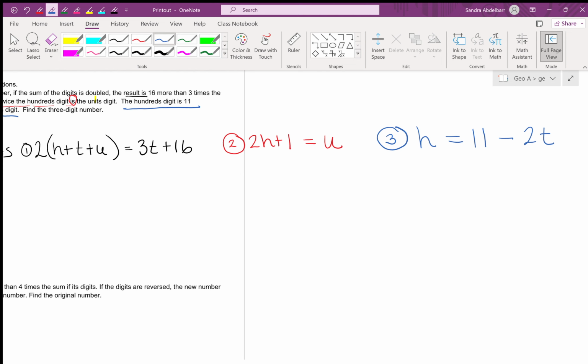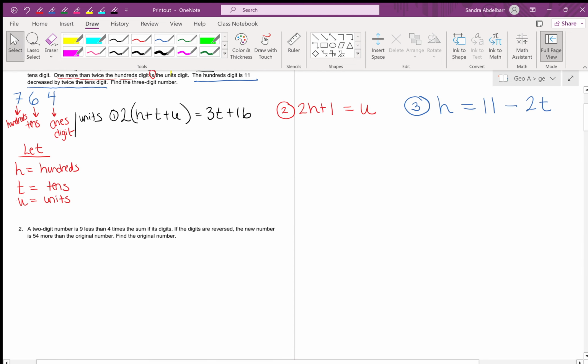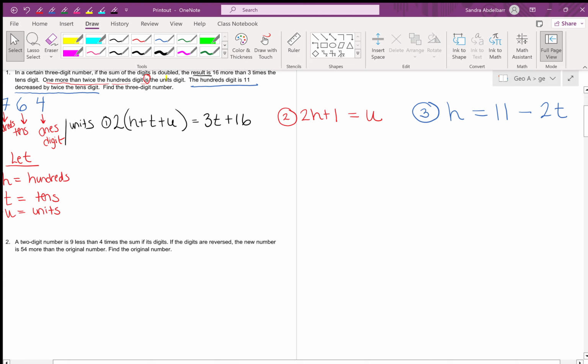All right, let's solve this one by hand to refresh our memories how to solve a 3 by 3 by hand. So I'm going to go ahead and solve through elimination. When we solve through elimination, I want all the variables for every equation on one side. I want the numbers without variables on the other side.